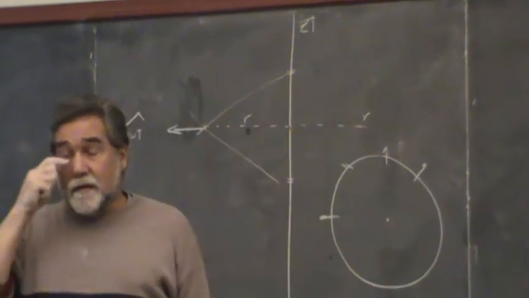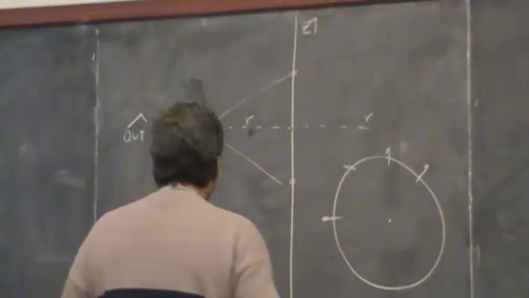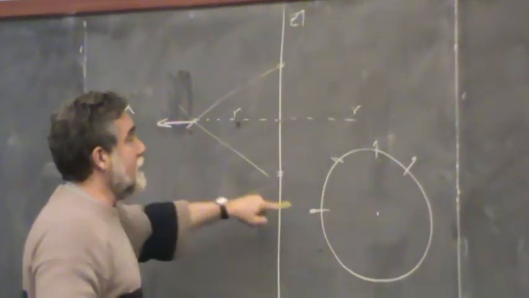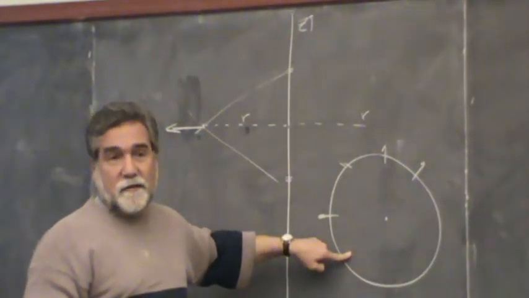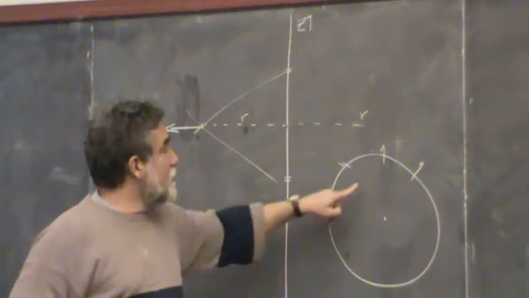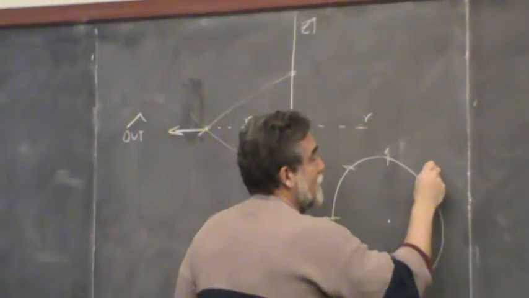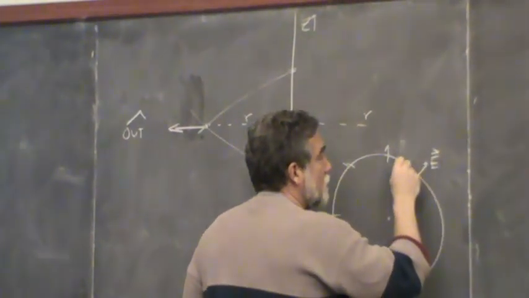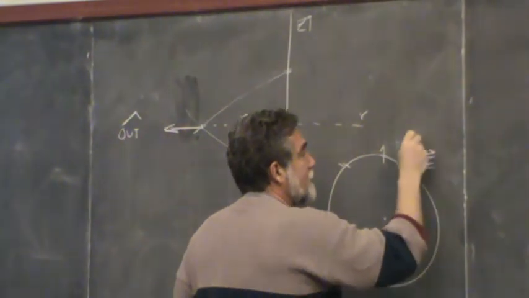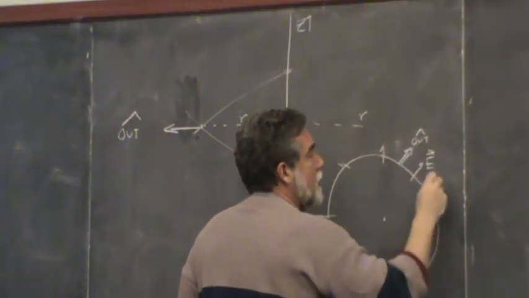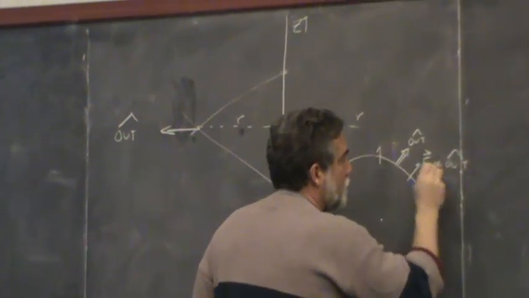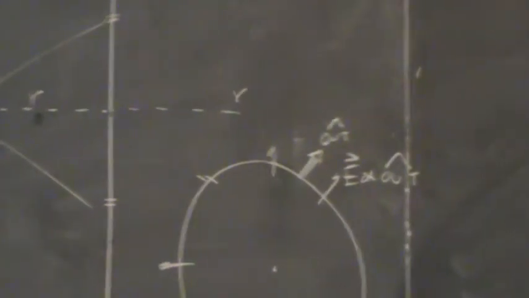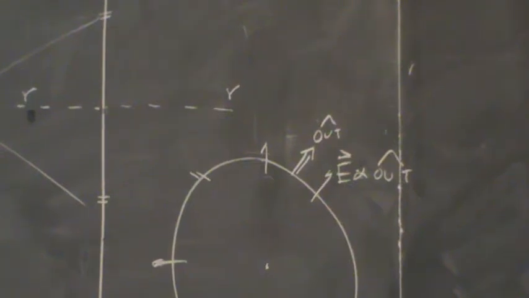Okay? So, the field points out, and I just chose a quasi-circular surface here, such that the normal to the surface points out as well.